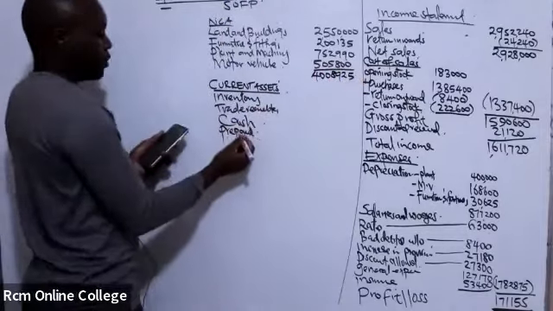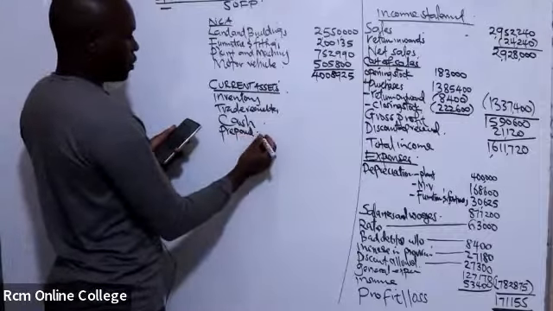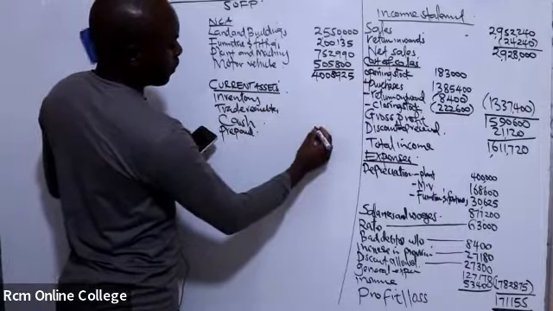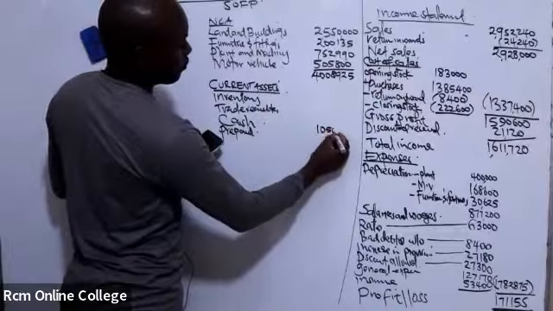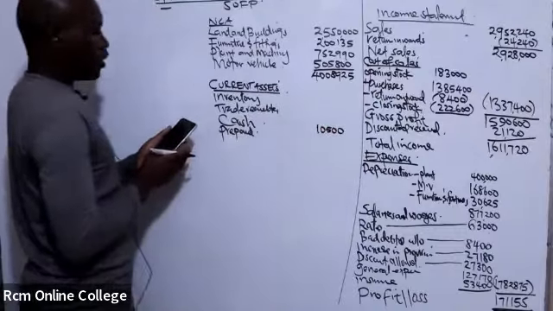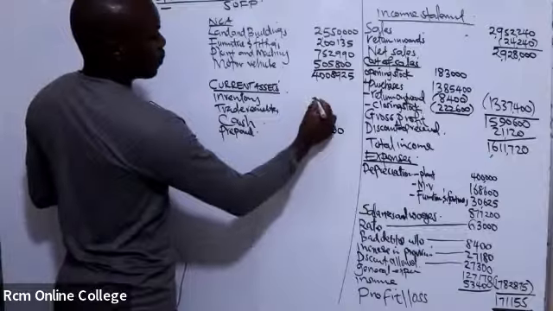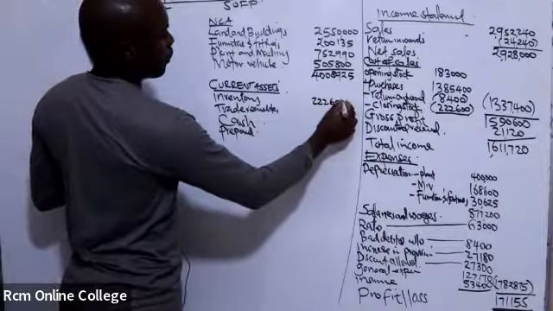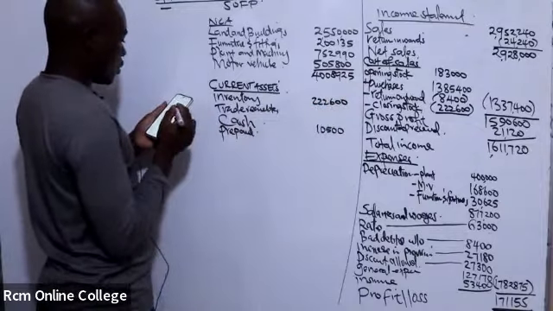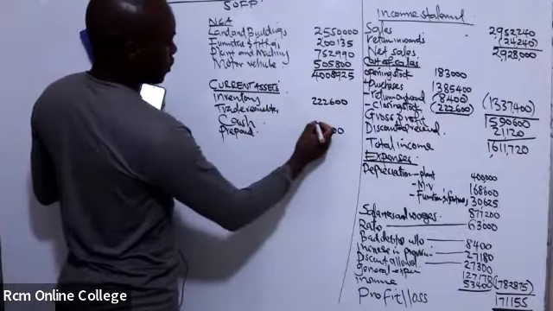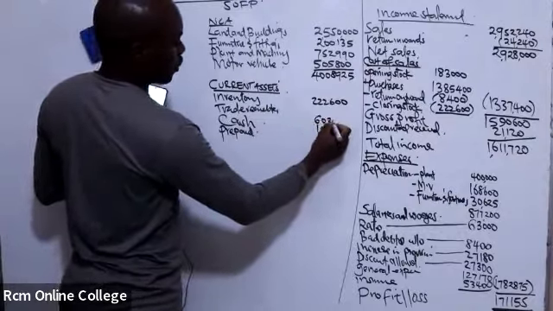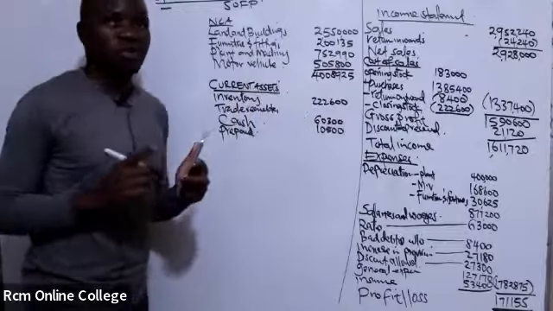Then the prepaid amount is equal to 10,500. Then inventory 222,600. Cash that was not affected 6,300.